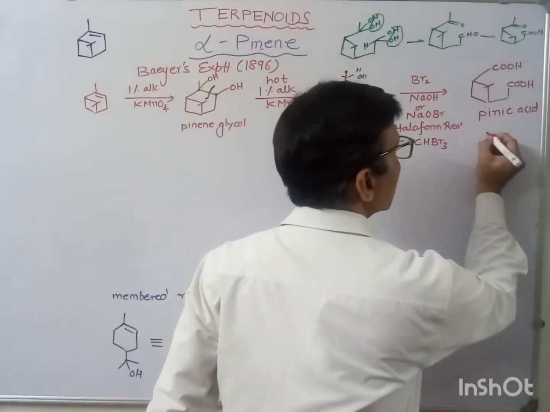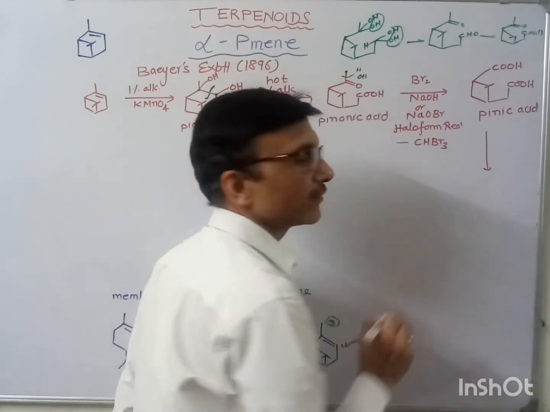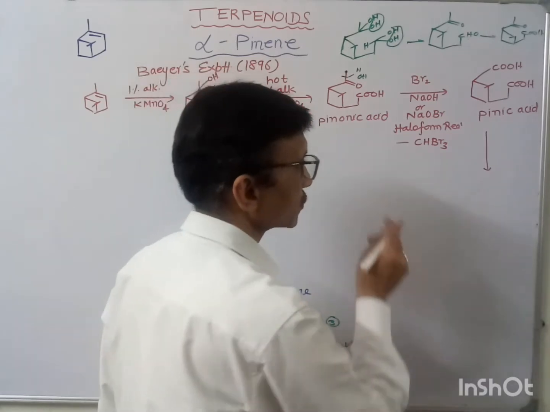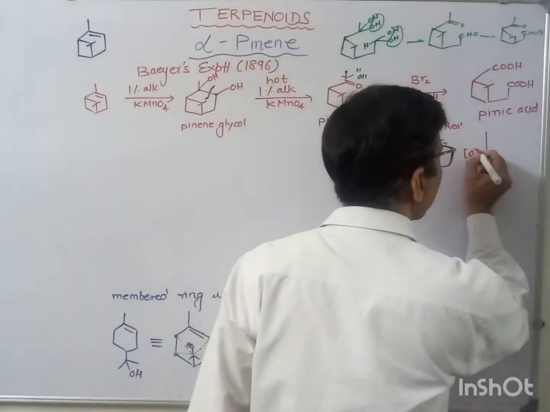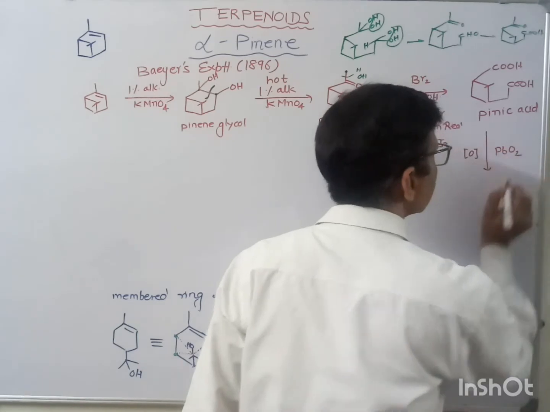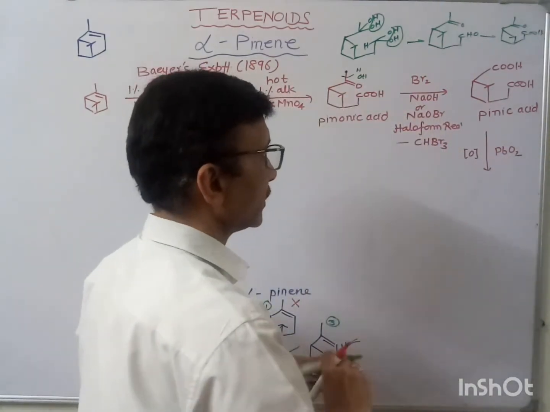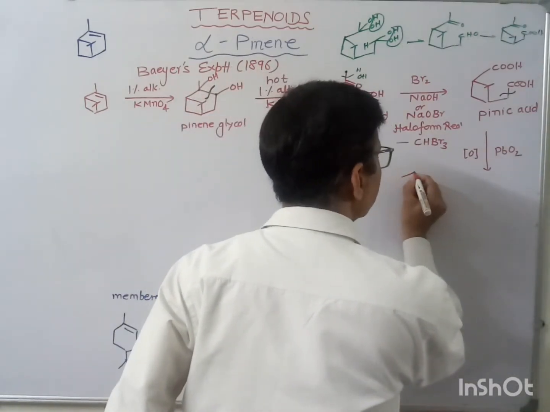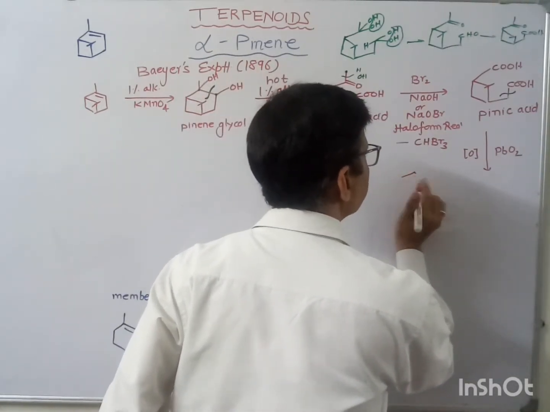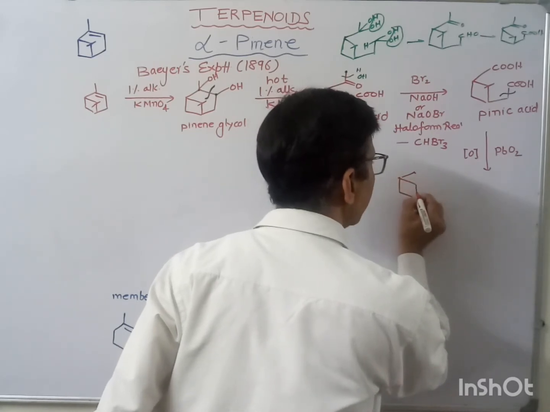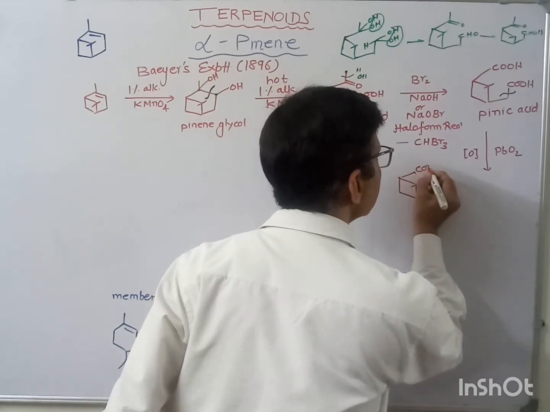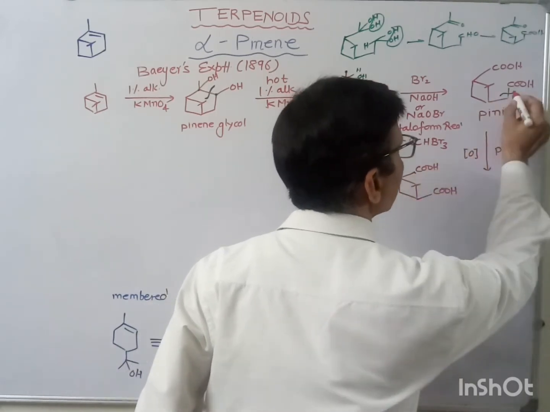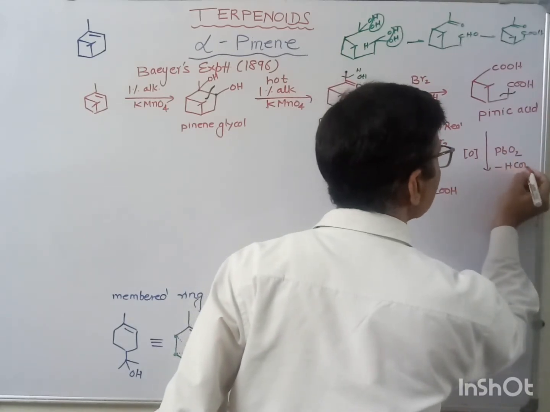Now this pinic acid was further oxidized, in the presence of PbO2. And here this bond will get broken, and finally it was giving the COOH, and this is COOH, and one of the HCOOH was removed from here.